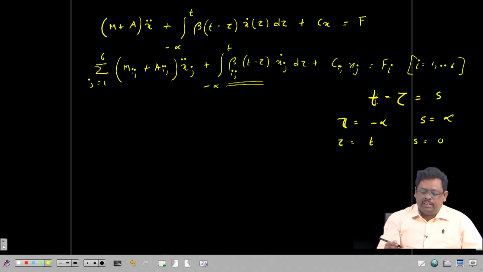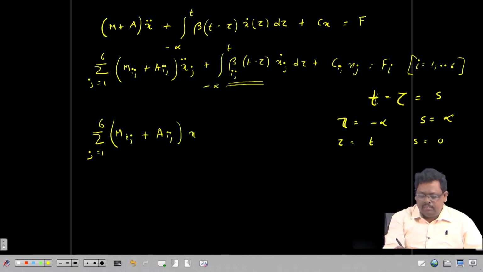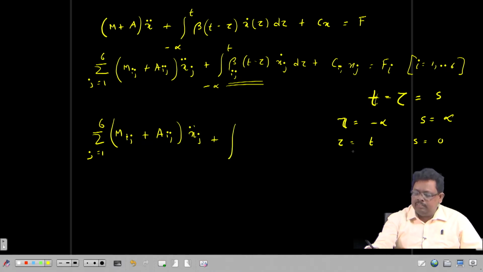Therefore, you can check that this becomes the sum over j equal to 1 to 6 of (m I j plus a I j) into x double dot j, plus, changing the limit from tau to s, at tau equal to minus infinity, s equals infinity, so the integral from infinity to 0 of beta s into x dot j.